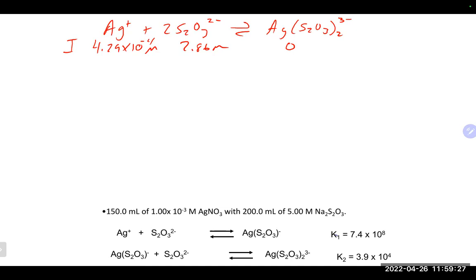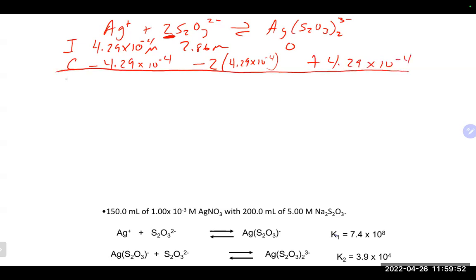So again, the change part is actually going to be the amount of silver, 4.29 times 10 to the minus 4. This would be minus 2 times 4.29 times 10 to the minus 4. Again, the 2 is like 2x there, so we've got to still have that 2. And this would be plus 4.29 times 10 to the minus 4.